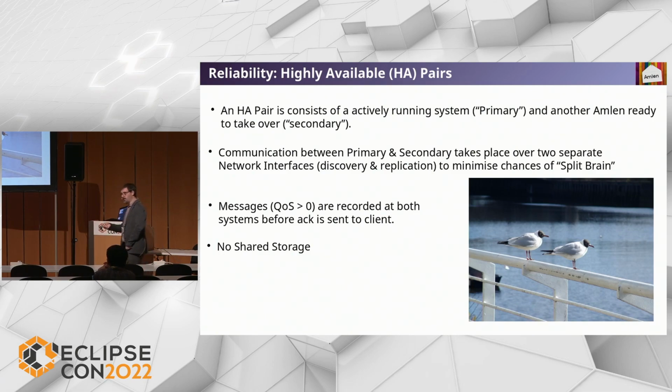When a message arrives at the primary, it's sent to the secondary, and the primary receives an acknowledgement before the sender receives an acknowledgement. So if you're trying to do a reliable message and you send a message to Amlen and you get an acknowledgement back, you know that that message is recorded by both servers, and you can trust that they have it.